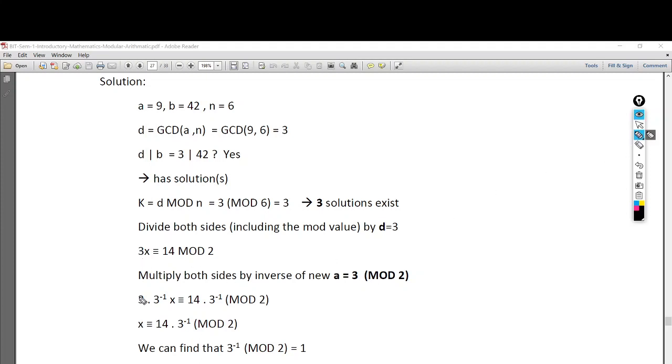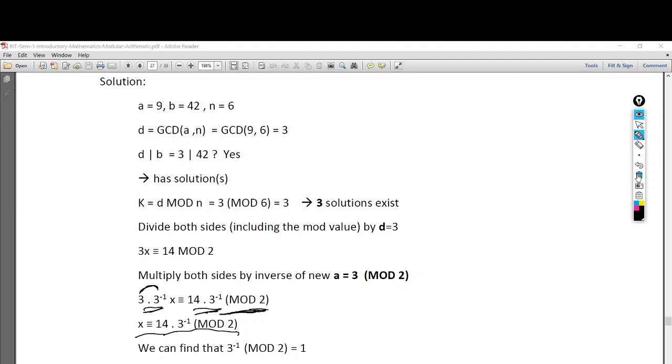So we multiply 3 by 3 inverse, x is still there, and 14 by 3 inverse, mod 2. We know that 3 into 3 inverse is 1 in mod 2, so we have only x here. x equals 14 into 3 inverse mod 2.